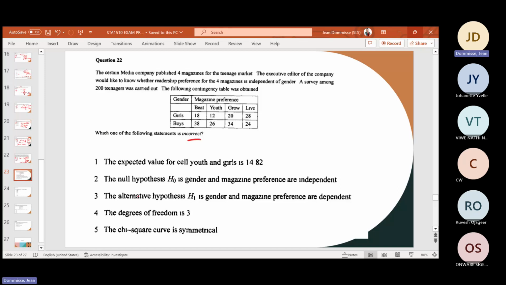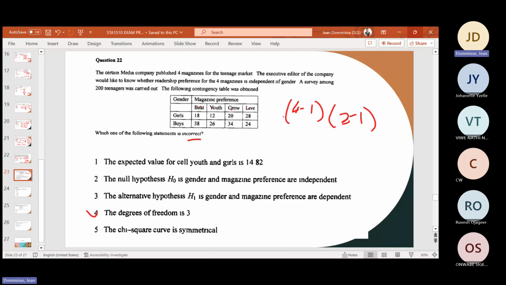Okay, so I want to go to degrees of freedom first. So there are 4 columns, 2 rows. So it's going to be 4 minus 1 is 3, 2 minus 1 is 1, so 3 times 1 is 1. It's correct. We're looking for the incorrect one.